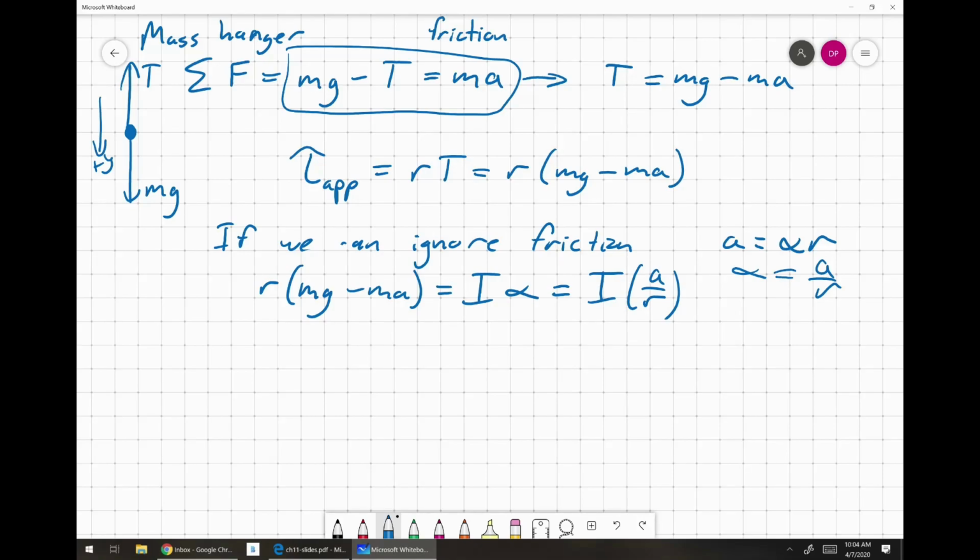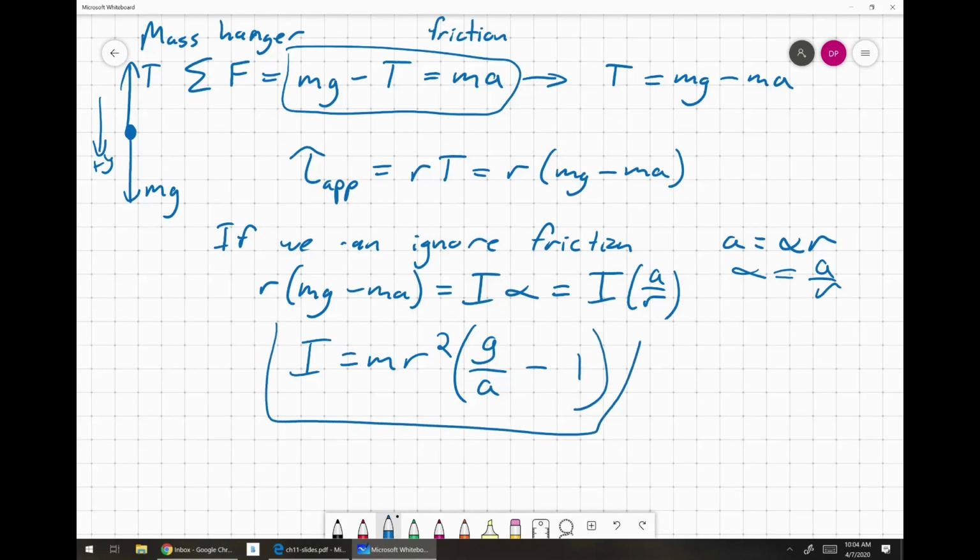From this expression, we just have to do some algebra to solve for the moment of inertia. You just have to multiply both sides by r over a, and we get that our moment of inertia is equal to the mass on the hanger times the radius of the spool squared times (g over a minus 1).